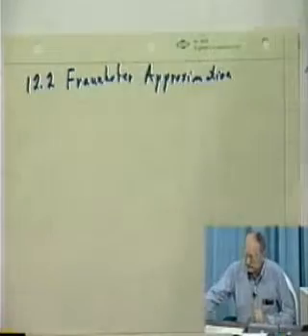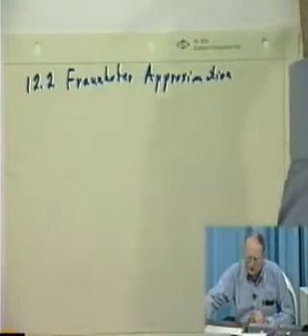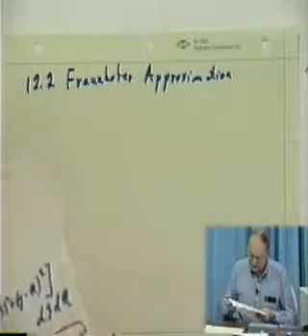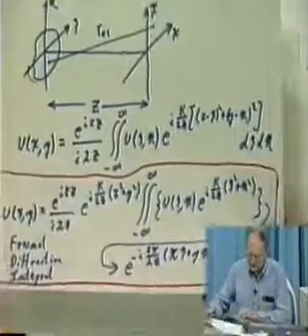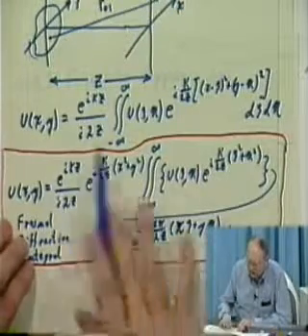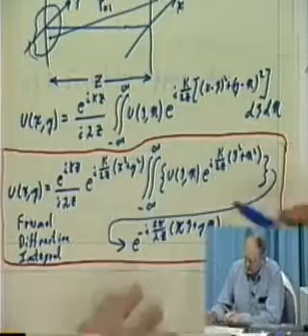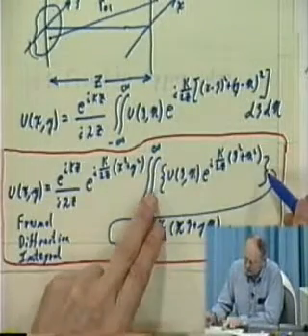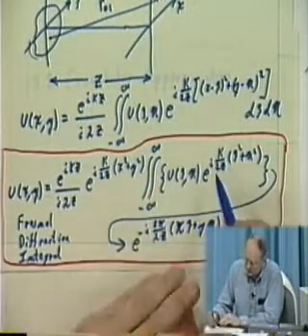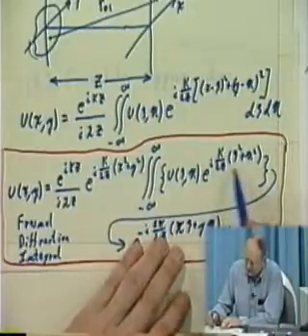Well, Fraunhofer diffraction is going to be a special case of Fresnel diffraction. And if we go back to our equation we had a minute ago for Fresnel diffraction, we had this integral here. And inside here, we're taking the Fourier transform of u times this e to the i, a quadratic phase factor.